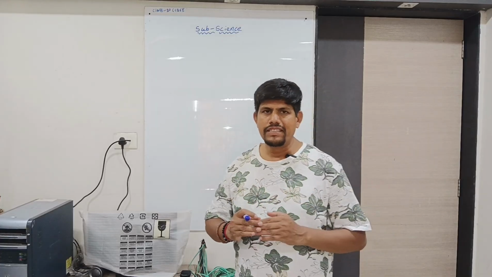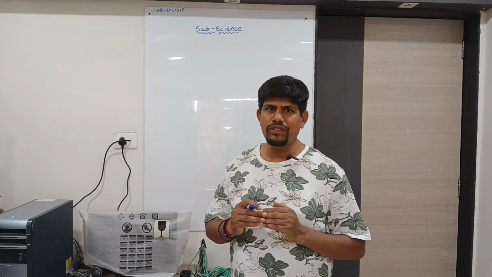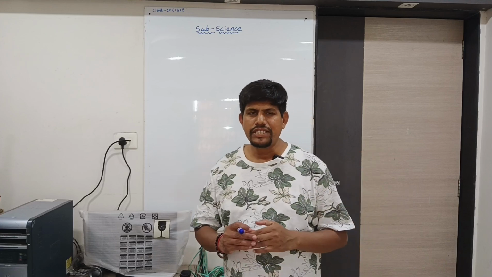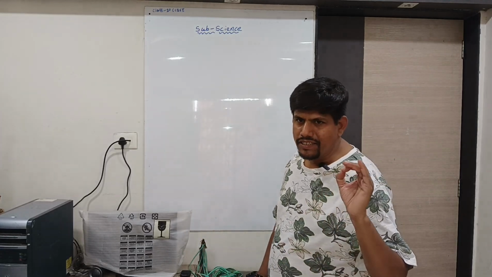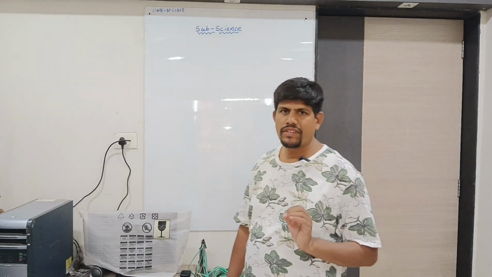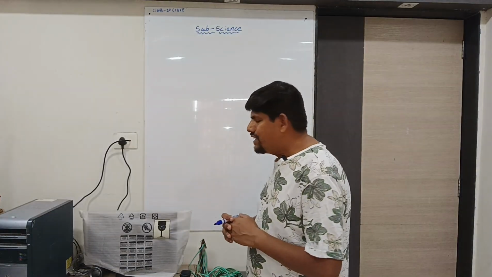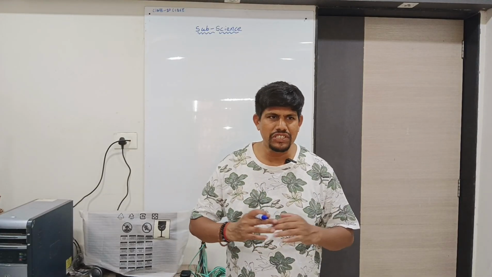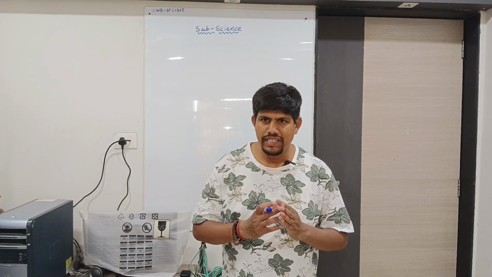When the motion gets repeated over the same path, over the same interval of time, then you can say that the motion is called periodic motion. Okay, so can you give examples of periodic motions in your everyday life?